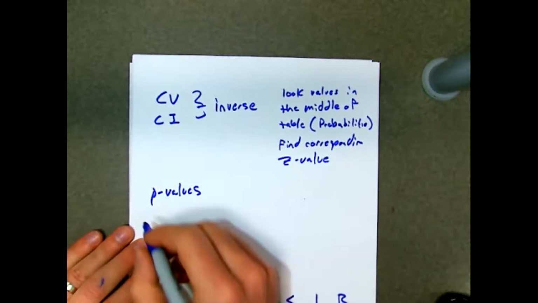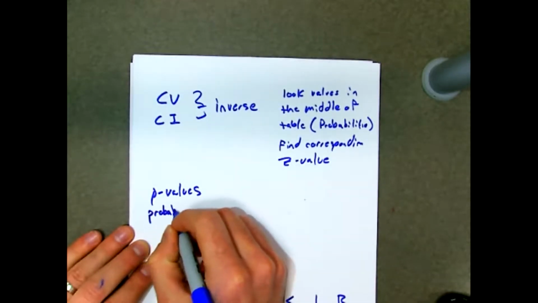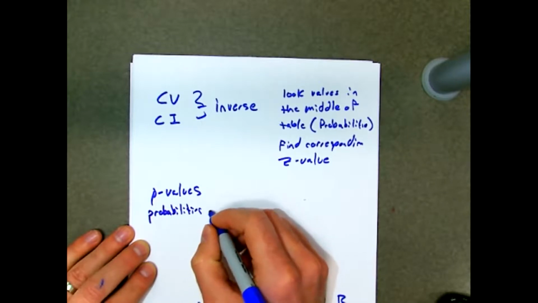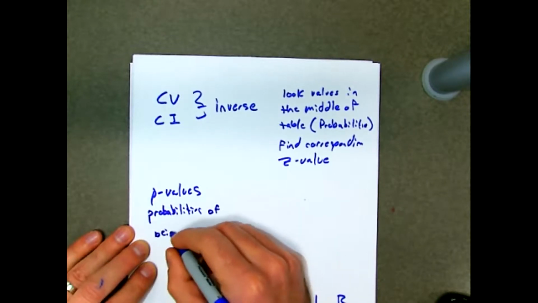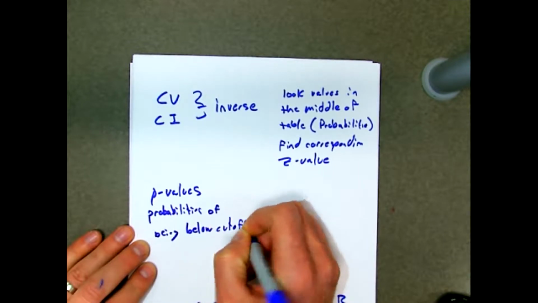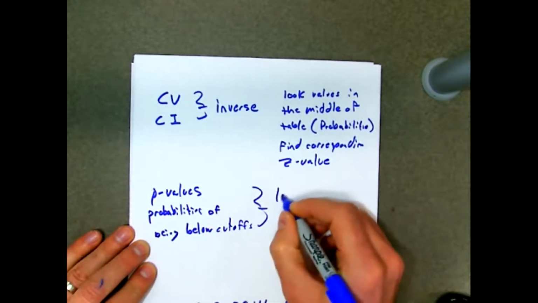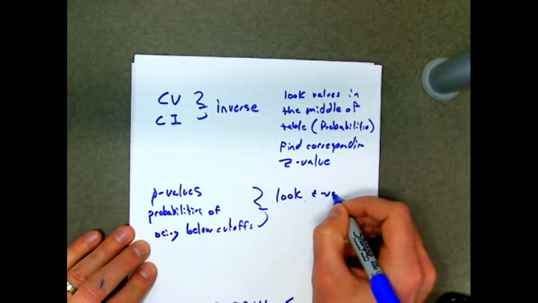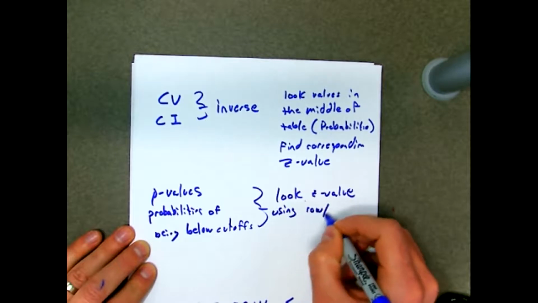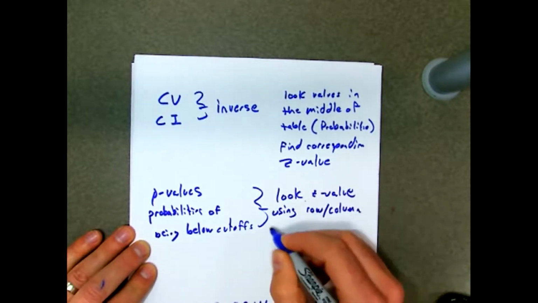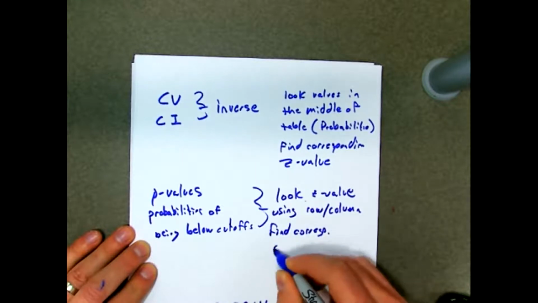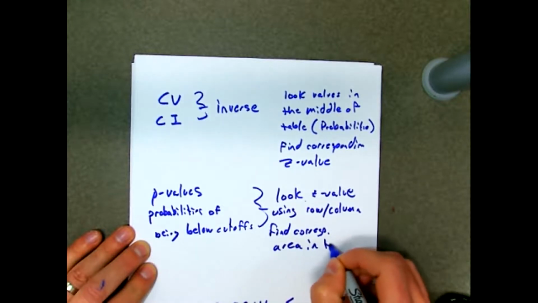So if you're looking up p-values or the probabilities of being below certain cutoff values, this is where you look up your z-value using the row and column headings, and then find that corresponding area in the tail.